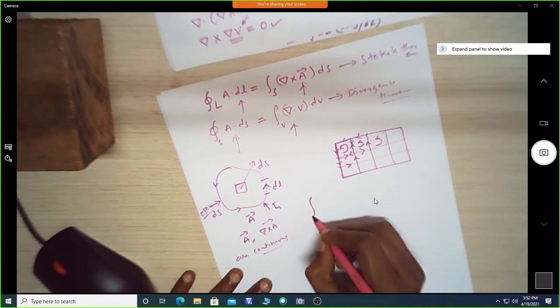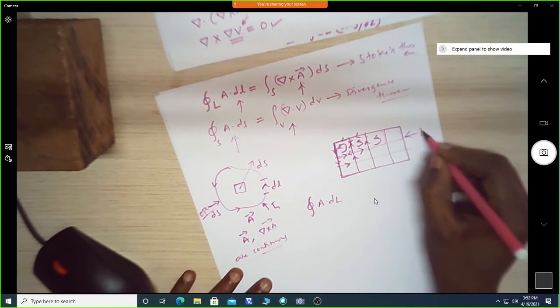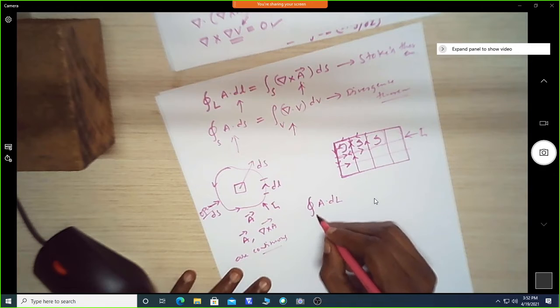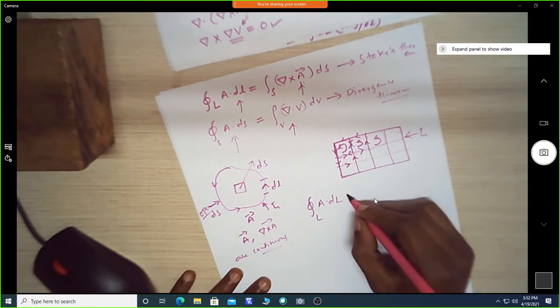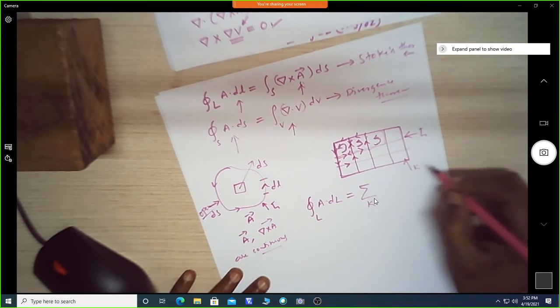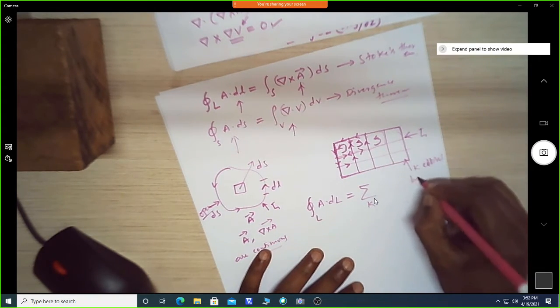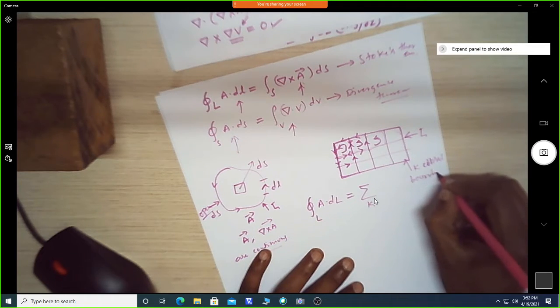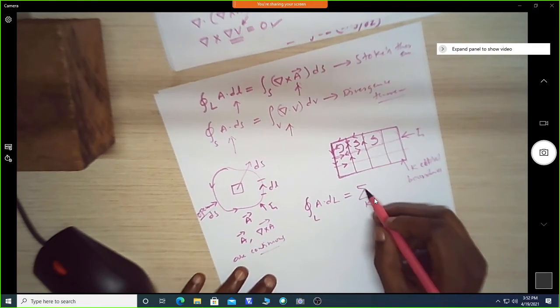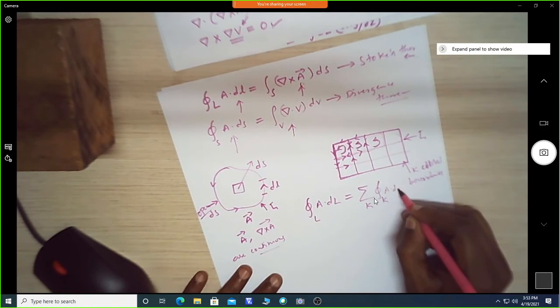Now if I define A dot dl for this line L, it will be equal to the summation. If I have k closed boundaries, the summation of those closed line boundaries, that is A dot dl.